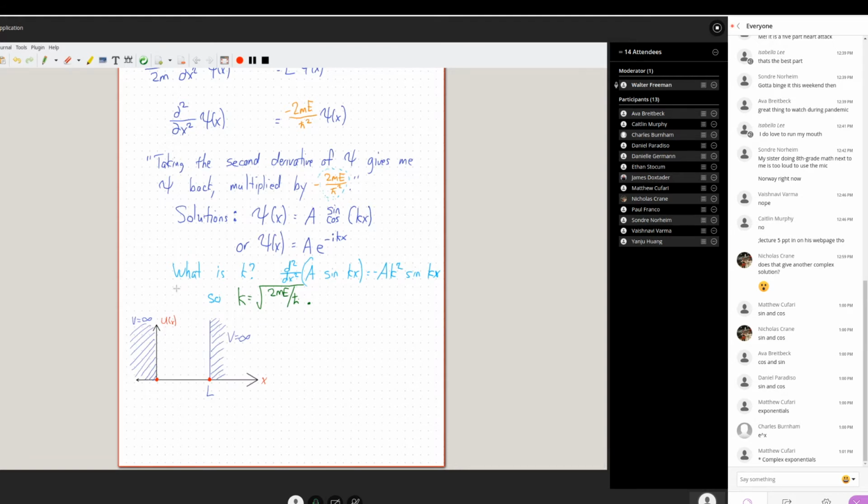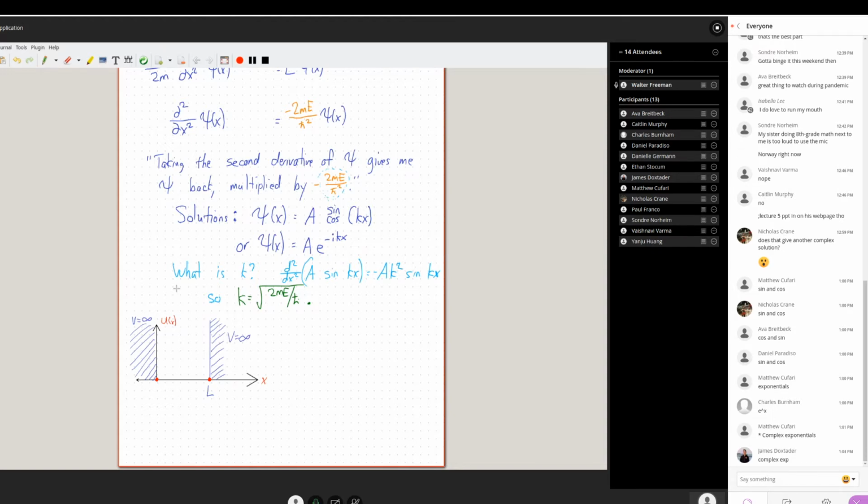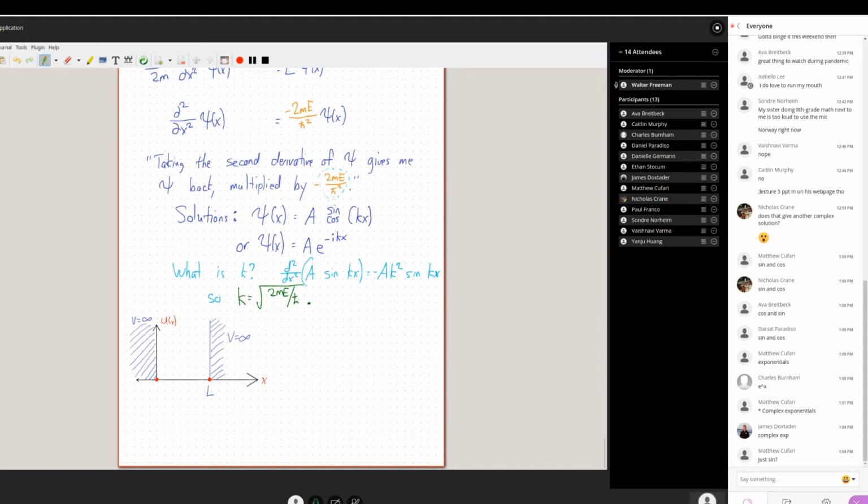You told me it's either sine or cos, but in our problem, which of those do I have? So James votes complex exponential. Why do you say that? Matthew votes just sine. So James and Matthew, could you type out the reasoning behind your choices there?